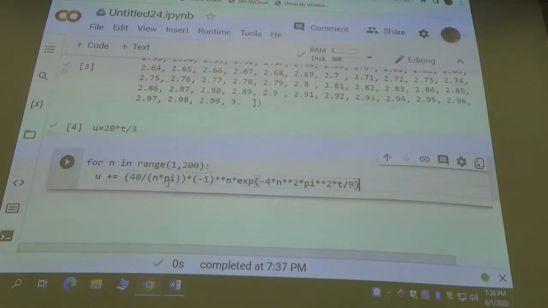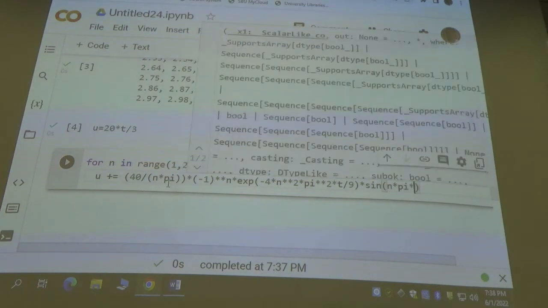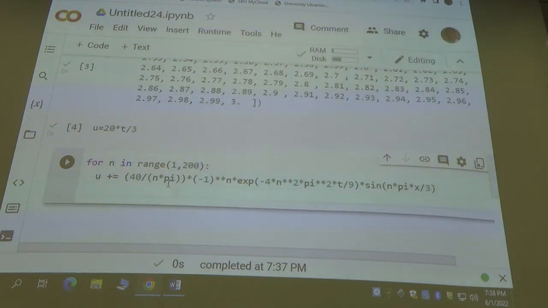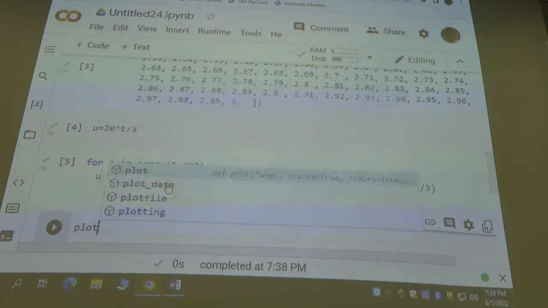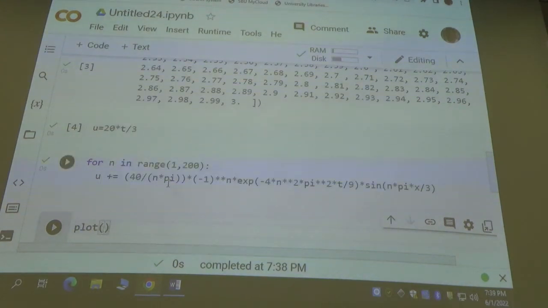Then times sine of n times pi times x divided by 3. And you do this, and then I execute this. And then let's plot this, x comma u.